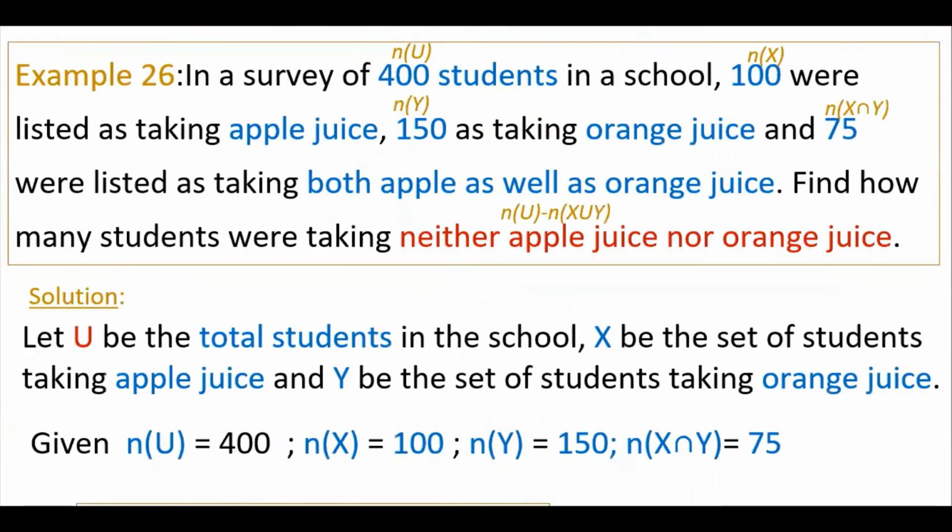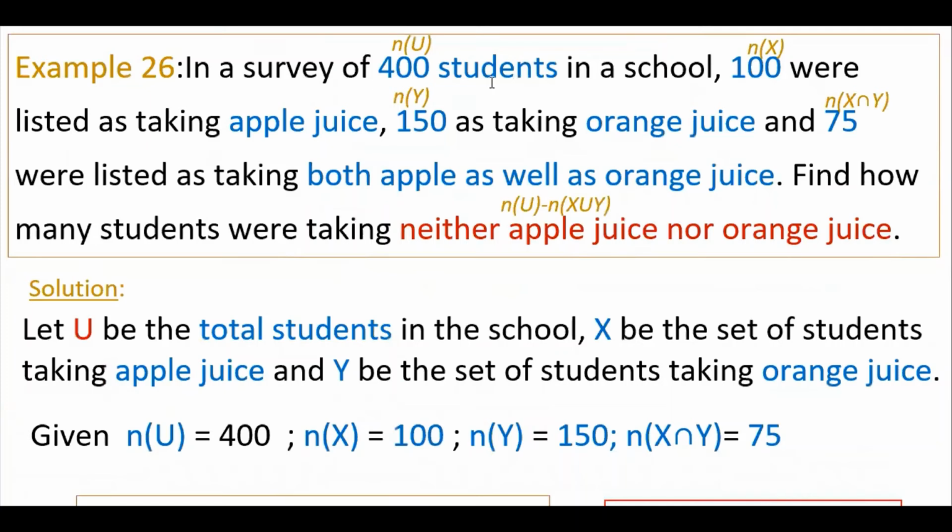This is the 26th example. In a survey of 400 students in a school, 100 were listed as taking apple juice, 150 as taking orange juice, and 75 were listed as taking both apple as well as orange juice. Find how many students were taking neither apple juice nor orange juice. So let the set of students who are taking apple juice be X and the set of students who are taking orange juice be Y. Then n of X is 100 and n of Y is 150.